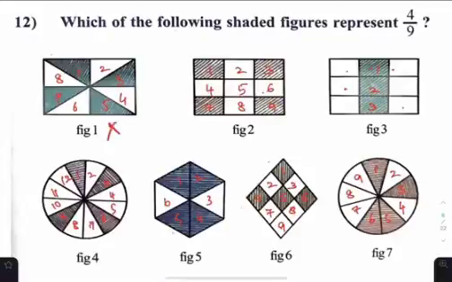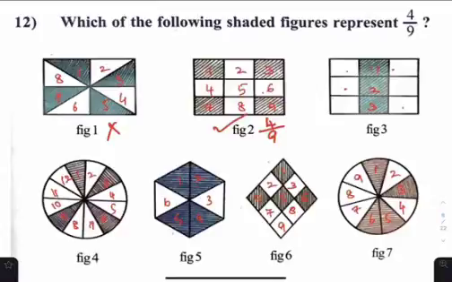So this picture will not give us the actual fraction we want. The second picture has denominator 9. Yes, we wanted that. Numerator, how many squares or rectangles have been shaded? 1, 2, 3, 4. So 4 by 9 is the fraction we want. So the second figure satisfies that.